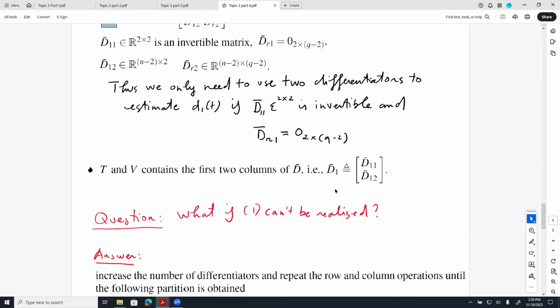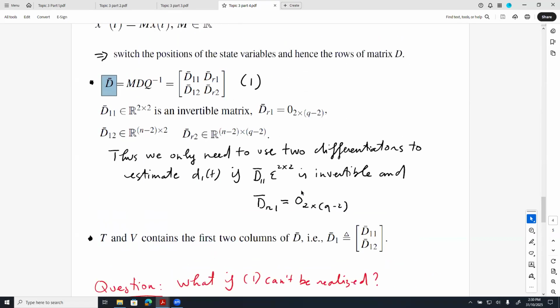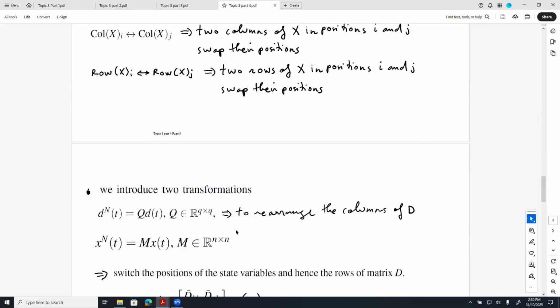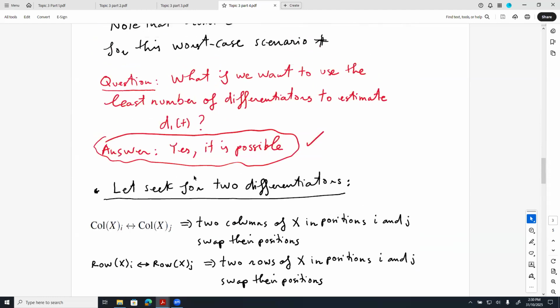And then the rest of the decomposition can follow, and we will be able to obtain the simplest form for the unknown input, which contains two output differentiators. I hope that is clear for the time being, that the search here starts with two differentiators.